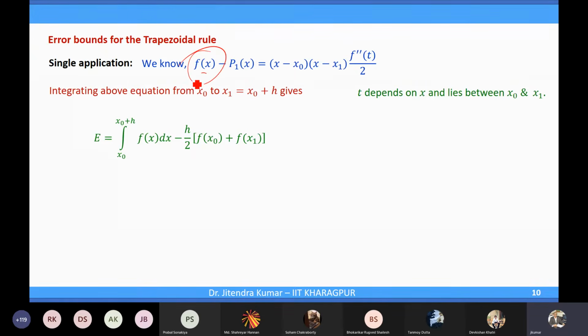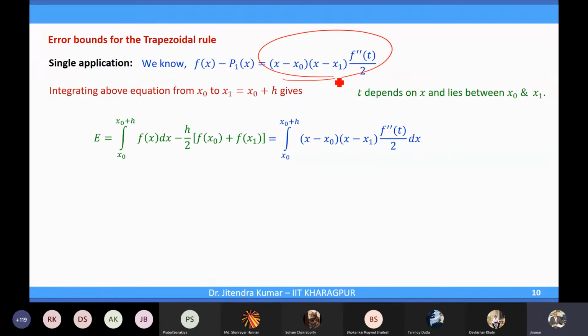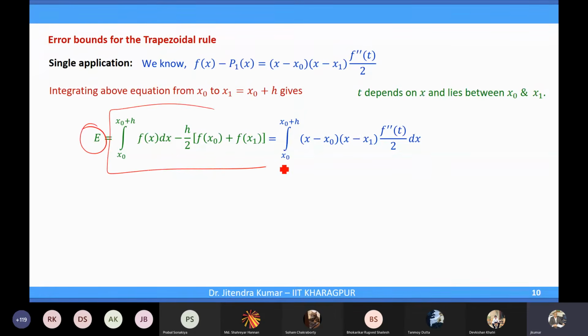the integral of f(x) from the point x_0 to x_1, minus this p_1. When you integrate p_1, you will get the formula of the trapezoidal rule, the area of the trapezoid, and equal to that, here also we integrate. So this is actually the error we are trying to compute, because it is the difference between the actual integral and the one with the trapezoidal rule.